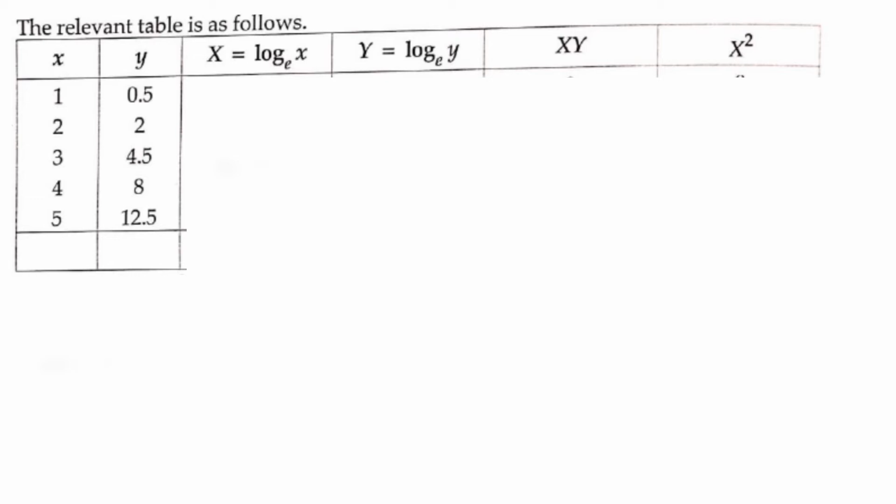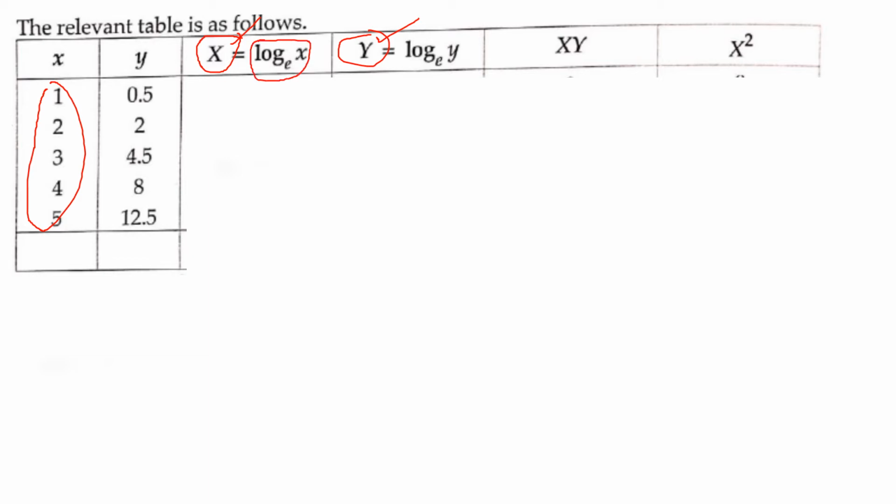Now let us find our new variables, that is capital X and capital Y. So these are the new variables, capital X and capital Y, as we require in the normal equations. We find the corresponding values of these new variables just by applying natural log to the x values, as we have here log x to the base e.